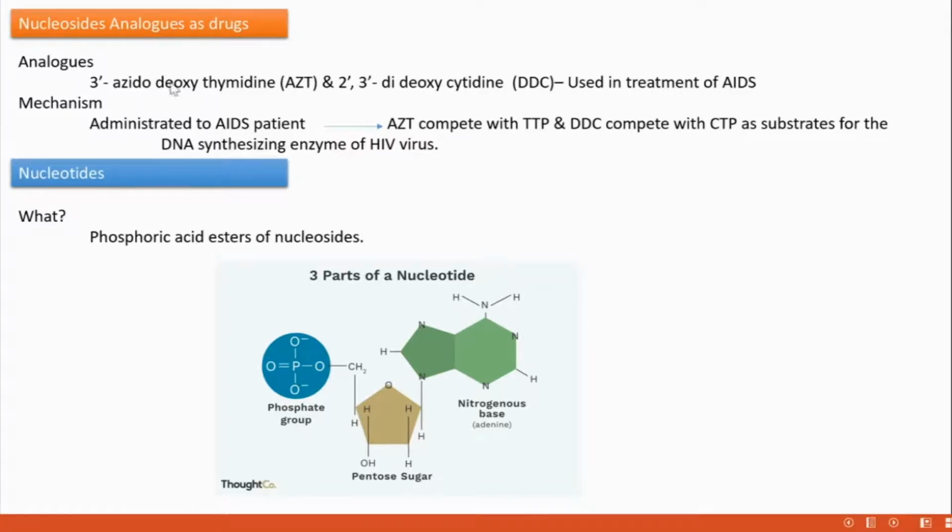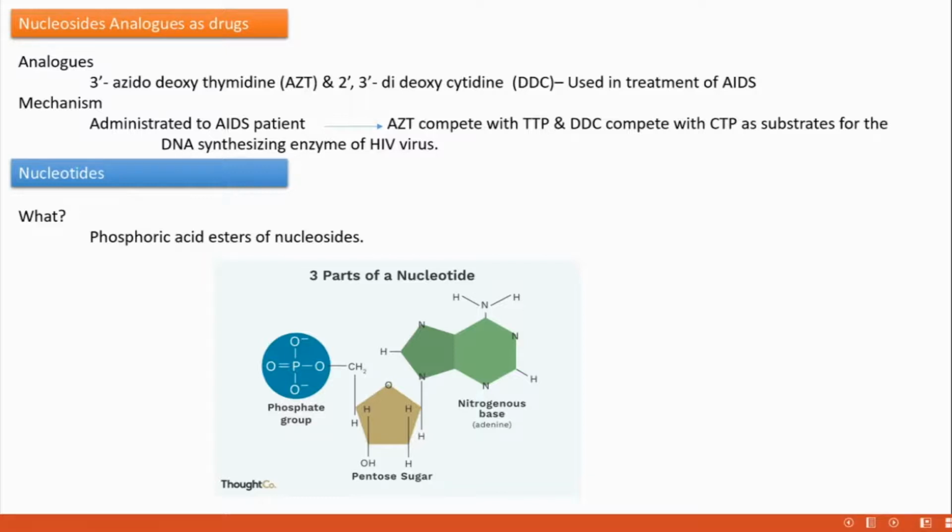What is the mechanism by which these nucleoside analogs are used as drugs in the treatment of AIDS? We know that AIDS is caused by a virus called the human immunodeficiency virus. For its replication, that virus depends on an enzyme called RNA-dependent DNA polymerase.